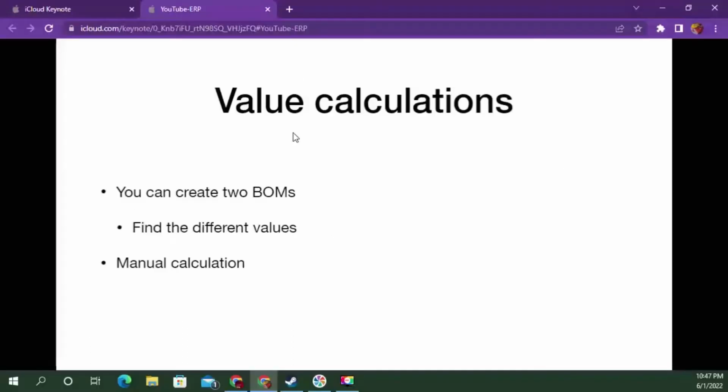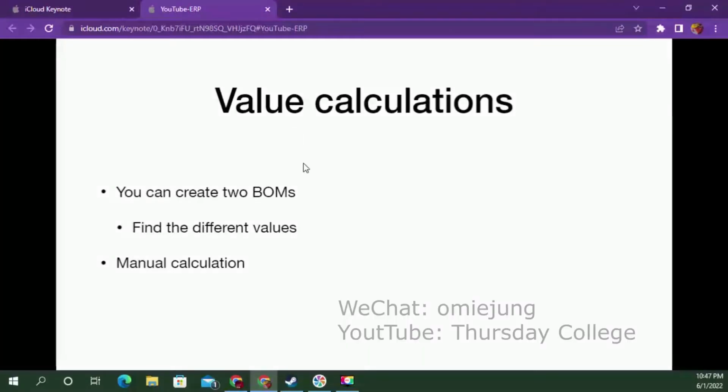In order to adjust the volume, you adjust the accounting, so you need to do the value calculation. You can create 2 BOMs and find the difference in value, or you can do a manual calculation. For example, like I told you, suppose we need to use 8, but the BOM uses 10, so there are 2 items left, right?